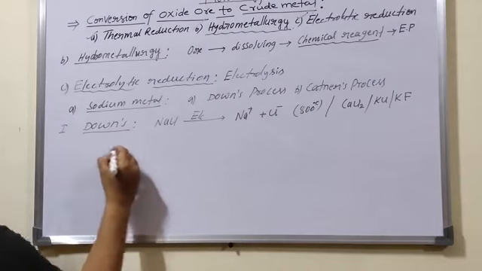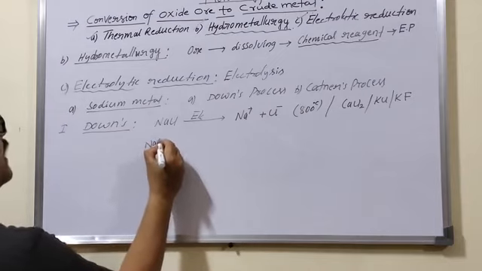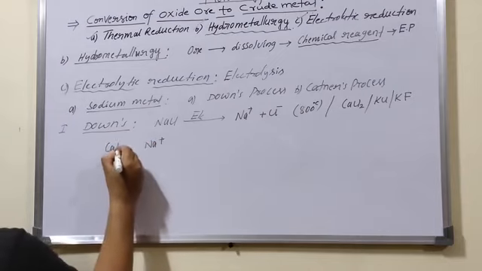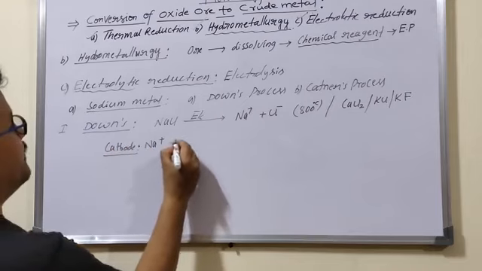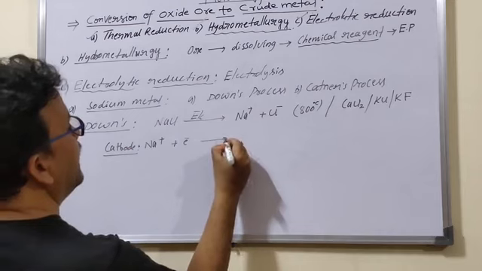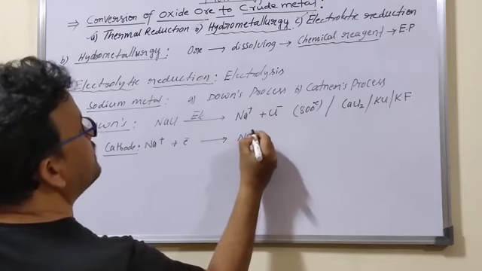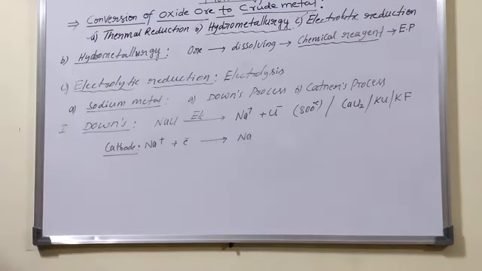This sodium is attracted by the cathode, taking an electron to become sodium metal. Then we get the sodium metal.